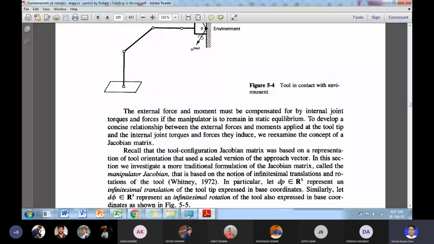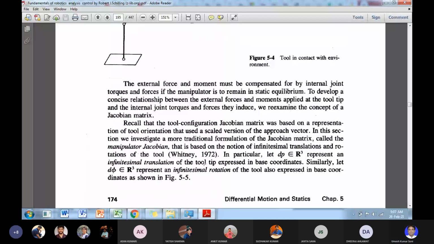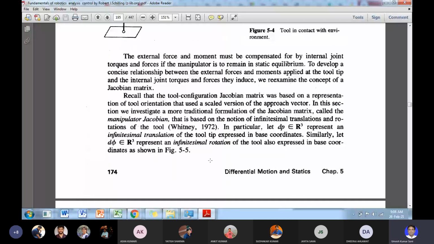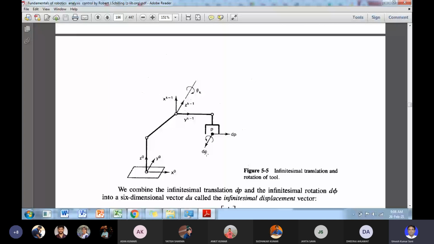So in the manipulator Jacobian, we take the small displacement dp and small rotation d phi. This is a subset of the rotational orientation matrix. Suppose there is a small rotation and a small displacement of the tool tip.